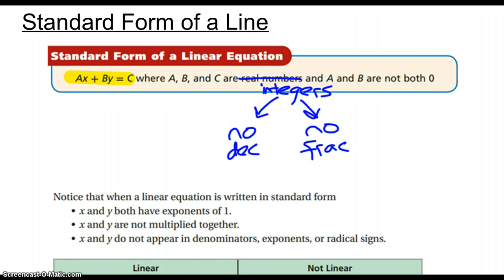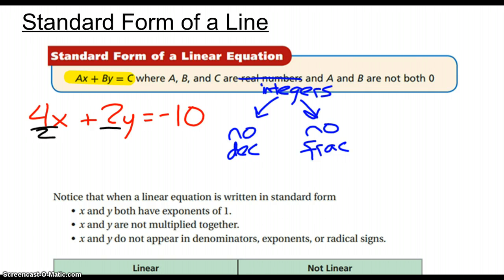The other thing that they leave out in this definition is that you want a, b, and c to be as simplified as possible. So here's an example of a possible standard form. Notice how 4, 2, and negative 10 can all be divided by 2.